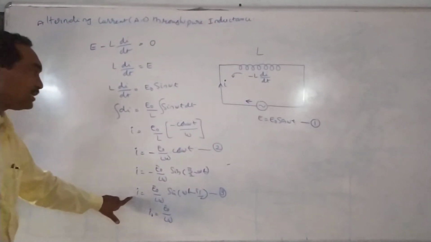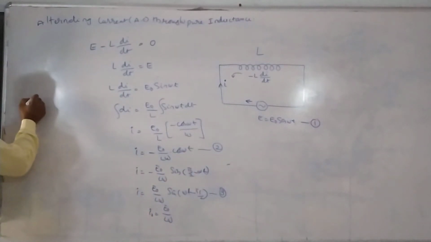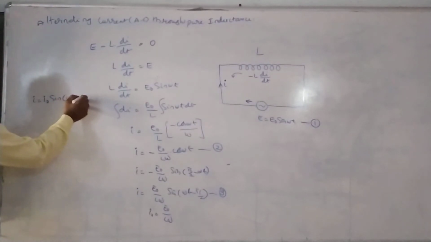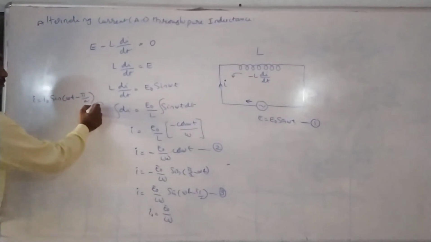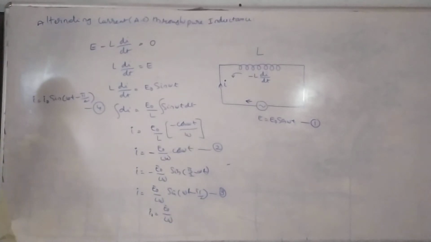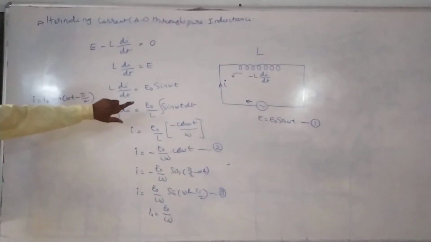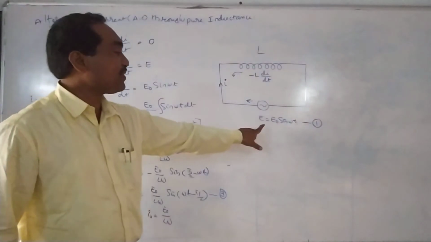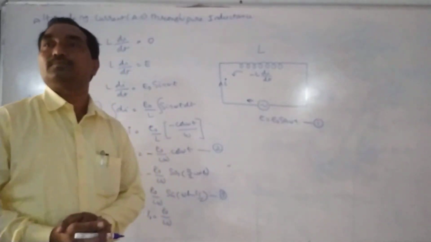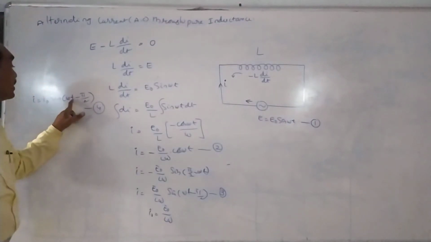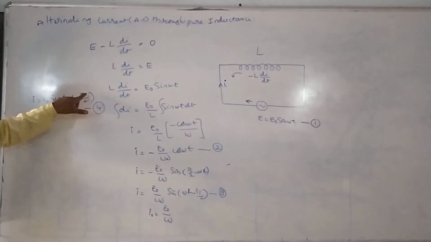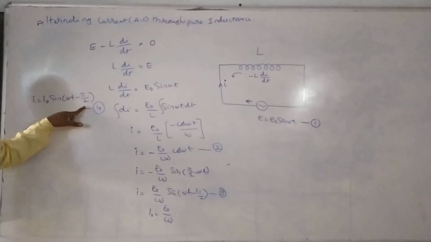Now the current I is equal to I naught sin(omega t minus pi by 2). When we compare those two equations, equation 1 and 2, the alternating voltage or EMF has sin omega t, and the alternating current has sin(omega t minus pi by 2). So the alternating current lags behind by pi by 2 radian of phase.